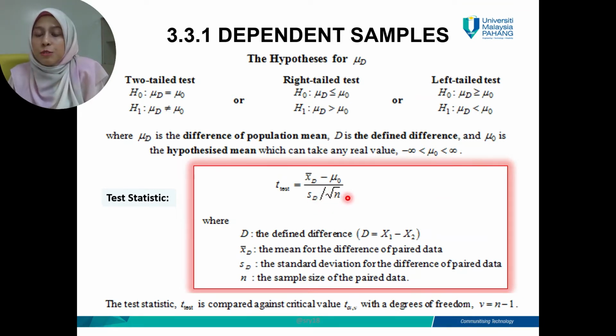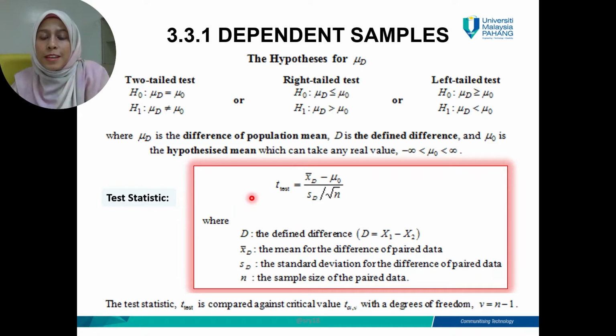For the case of dependent samples here, in applied statistics UMP, we only consider this test statistic formula, which is the formula to use if you have the condition of sigma square unknown, sample size less than 30, which means that any assessment given to you for this subtopic, hypothesis testing for dependent samples, will only be given for the case of sigma square unknown, sample size less than 30.